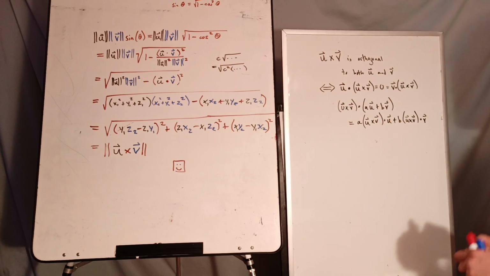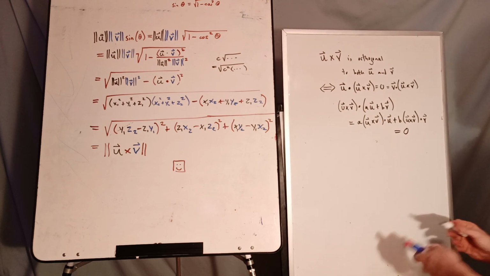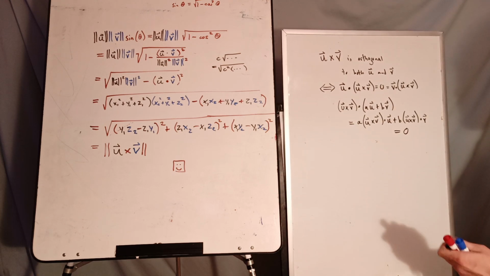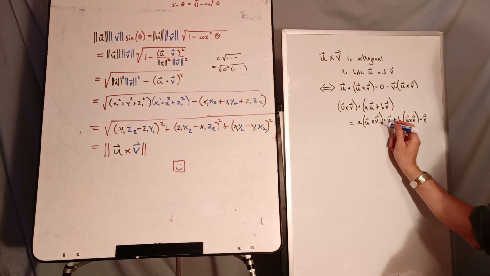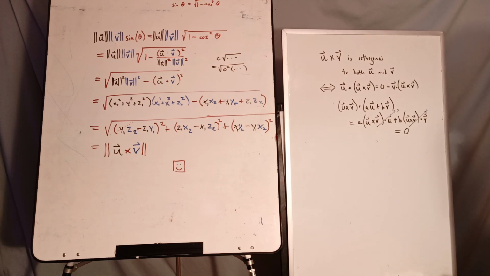But we just said both of those are 0, so that's 0. This one is 0, and this one is 0. So it doesn't matter what a and b are, both of these things get sent to 0.